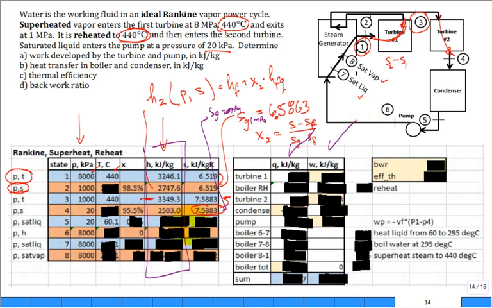All right, now state 5, we know the pressure. How about somebody who's shy and hasn't answered much today? How are you going to get H of 5? H of F is the saturated liquid's enthalpy at the pressure of 20 kilopascal at state 5.